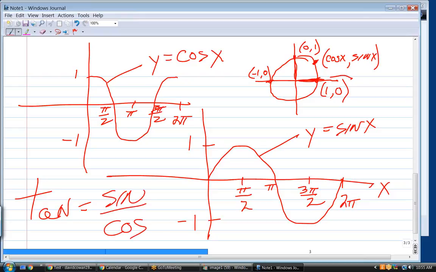So knowing your cosine and sine, what's the tangent of 0? Well, it's 0 over 1. Which is? Undefined. Oh. You can divide into 0. You just can't divide by 0. That's the key difference. It's 0.